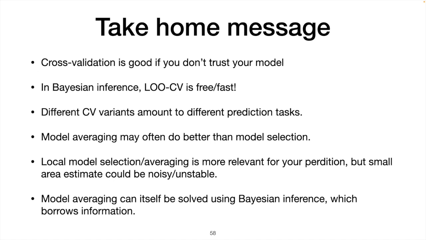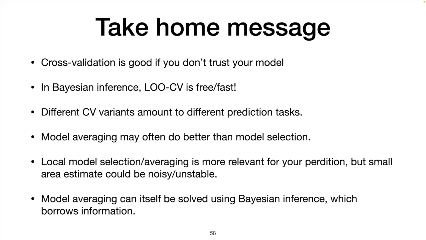So here are a few take-home messages. One is that cross-validation is good. If you don't trust your model, you should always use a cross-validation-based metric rather than the Bayes factor or marginal likelihood, which is often too sensitive. And in Bayesian inference, leave-one-out cross-validation is free or fast if you use a good approximation.